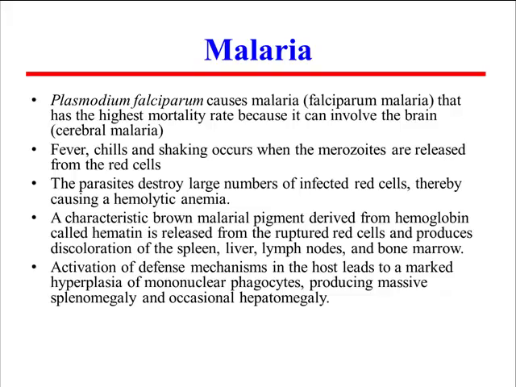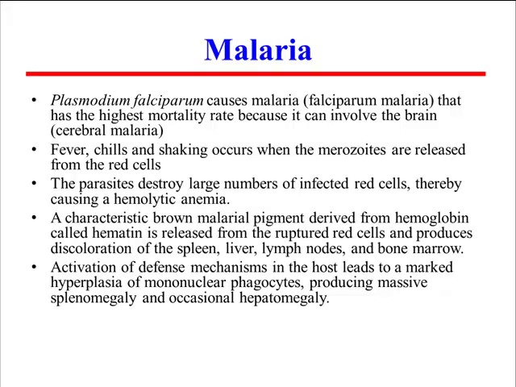So as the mosquitoes feed on the human blood, the sporozoites are introduced from the saliva of the mosquito, and within minutes they will infect the liver cells. And here in the liver cells, the parasites will multiply very rapidly, and will form what is called a schizont. And the schizont contains several thousands of merozoites.